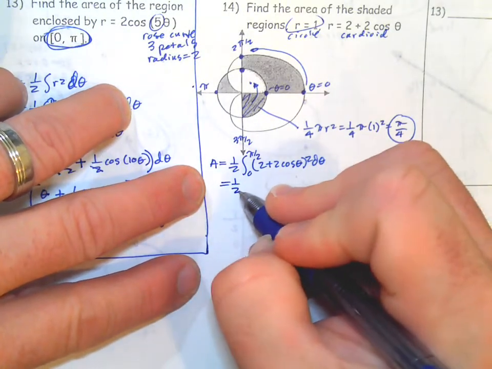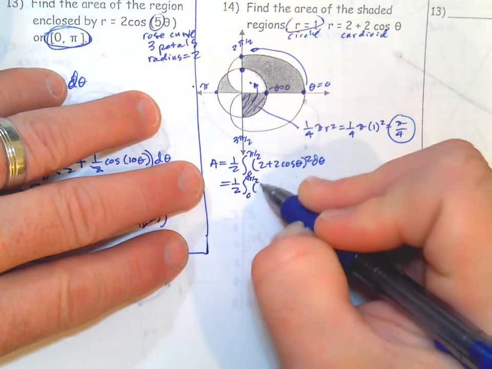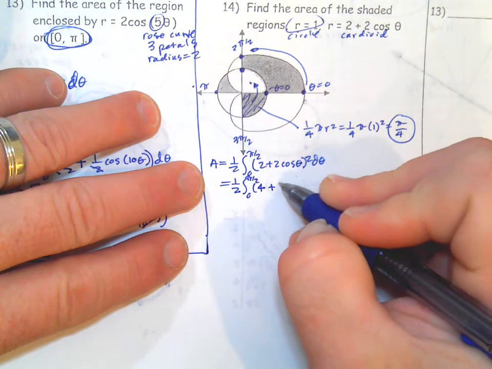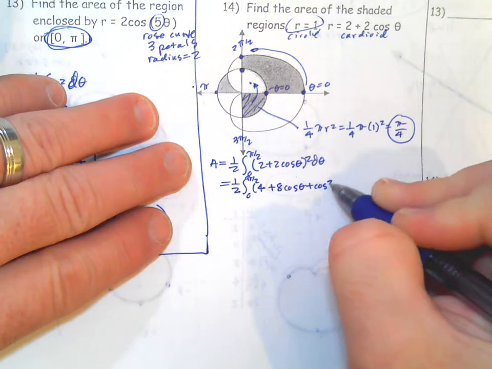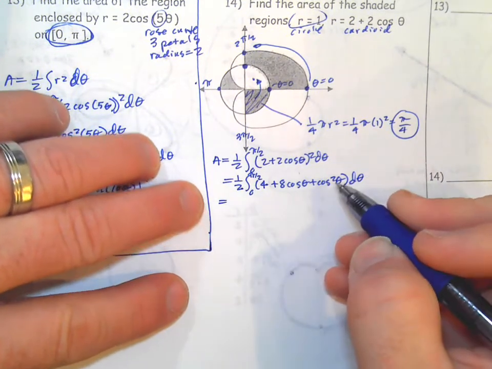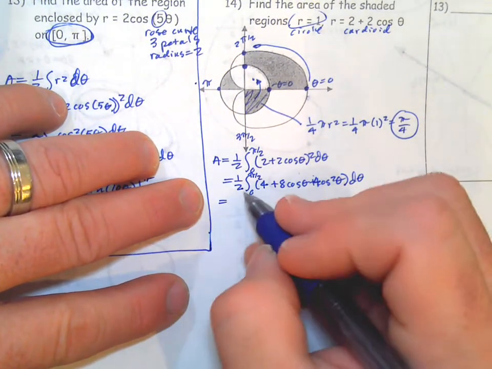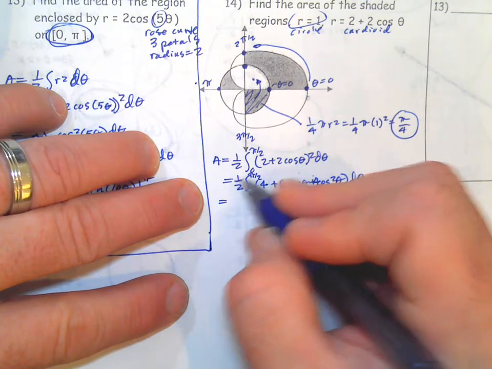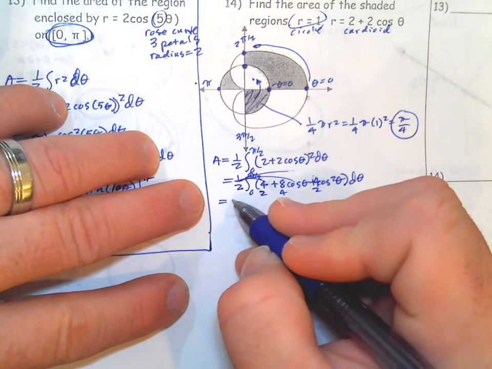And so now when you multiply this out, it's going to be 4 plus 8 cosine theta plus 4 cosine squared theta. There should be a 4 there. We could bring the 1/2 in. And this would be 2, this would be 4, this would be 2.